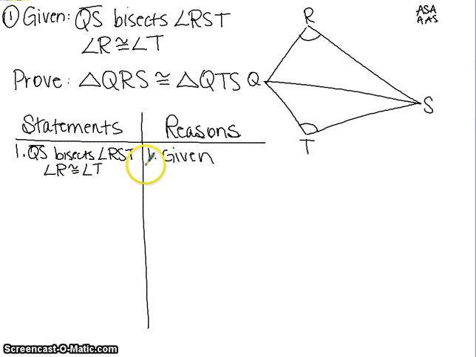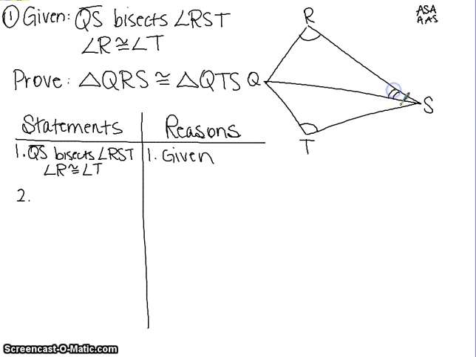QS bisects angle RST. Now for this one, we're actually going to take a definition from chapter 2 dealing with angle bisectors. That would be the definition of an angle bisector. So remember that an angle bisector is going to cut an angle into two equal parts, or cut it in half. So if QS bisects angle RST, well, guess what?